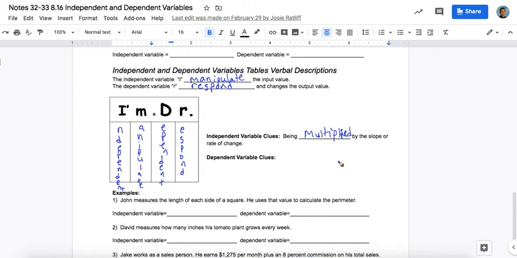So an example might be like tickets per student or cost per bag of popcorn, something like that. The dependent variable clues are the result, total cost, and then if you have formulas, it would be the volume or area, etc.